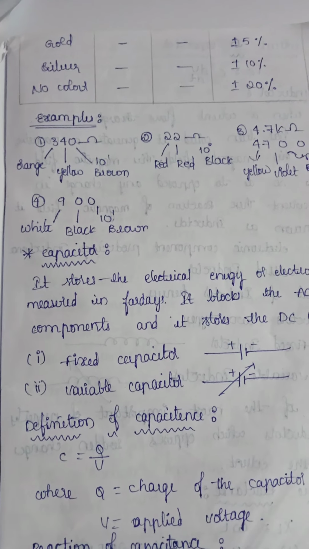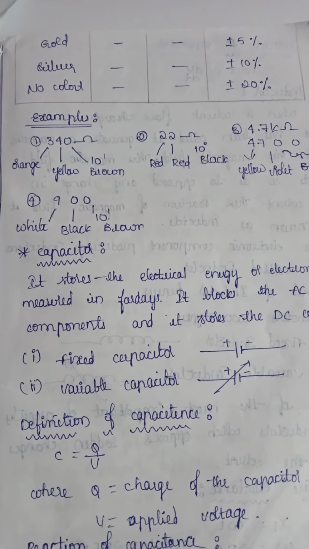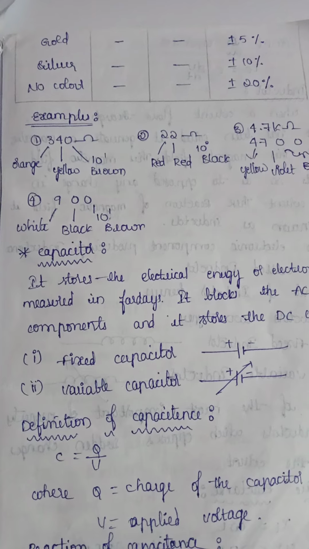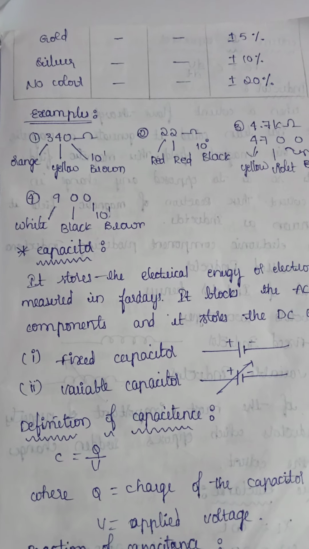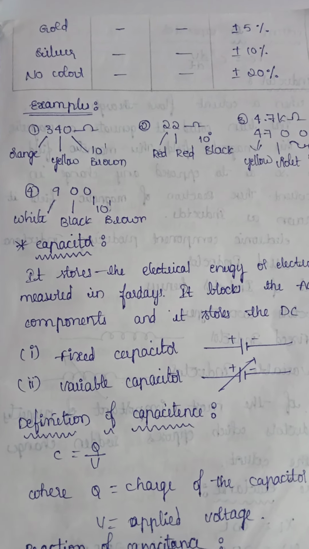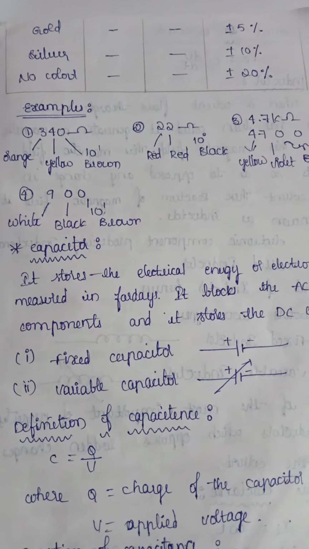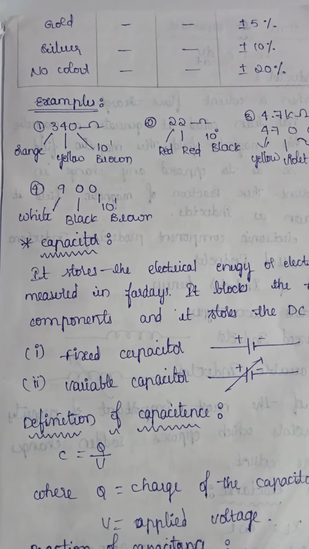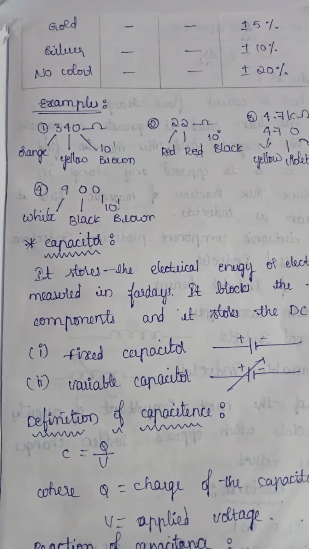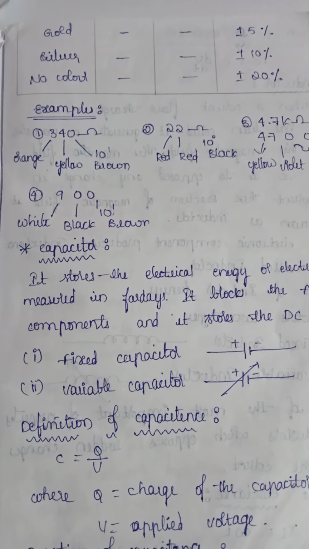We have to take 3, which is orange color. So 3 is orange, 4 is yellow. Next, the 0 is 10 power 1, which is brown.